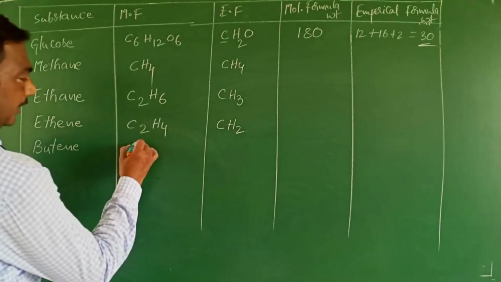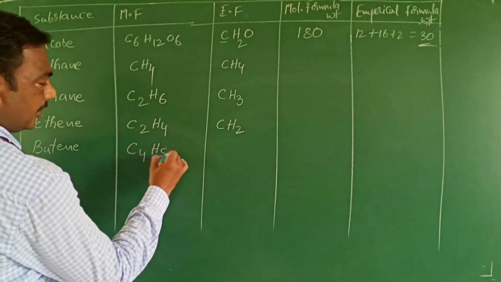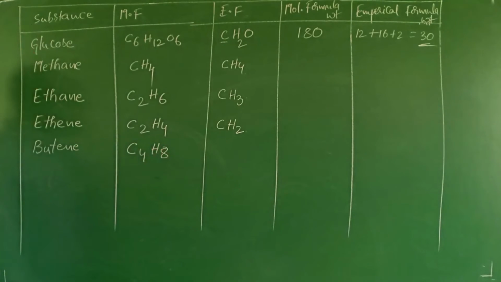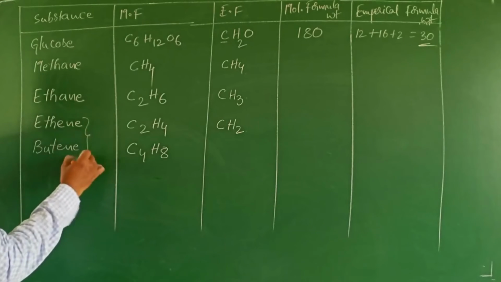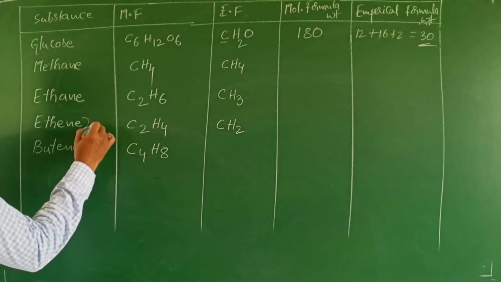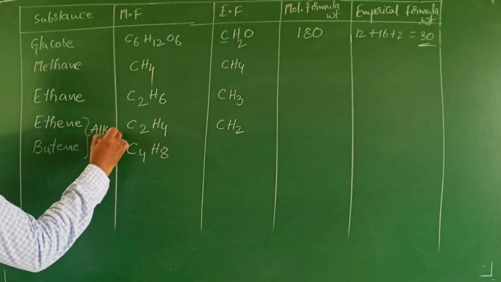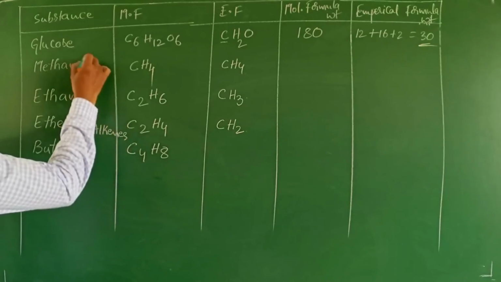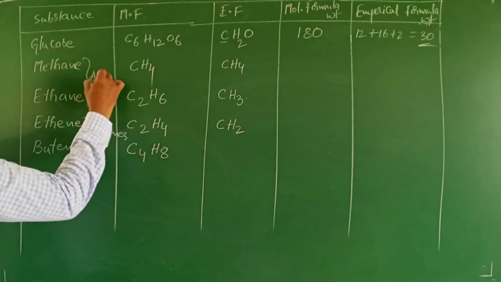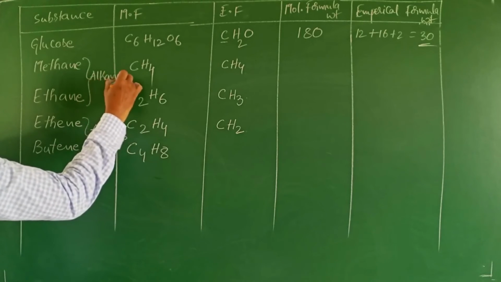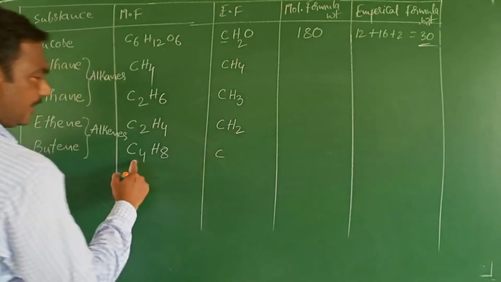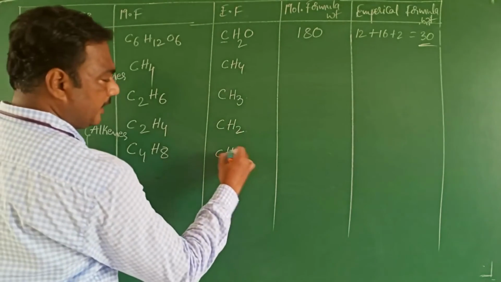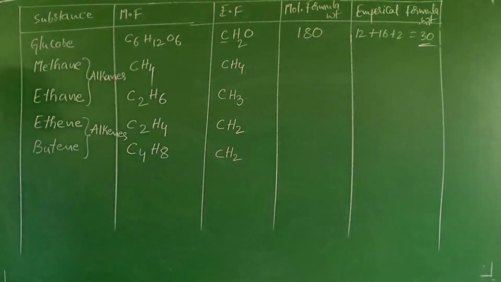It is C4H8. It is nothing but an alkene. These 2 are nothing but alkenes. Methane and ethane are nothing but alkanes. Now what is the simplest ratio you can take out from here? It is again CH2.